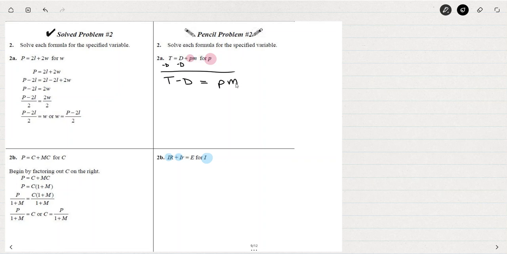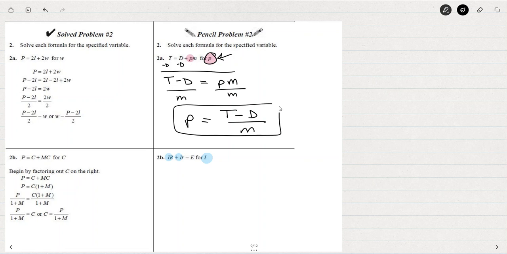And then again, if we're solving for P, what we would next do is divide by M to isolate that P. So it looks like P is equal to T minus D over M. You'll want to try that, practice that a few times. Maybe erase the page or rewind back before there was any writing on the page, and make sure that you could do that example on your own.